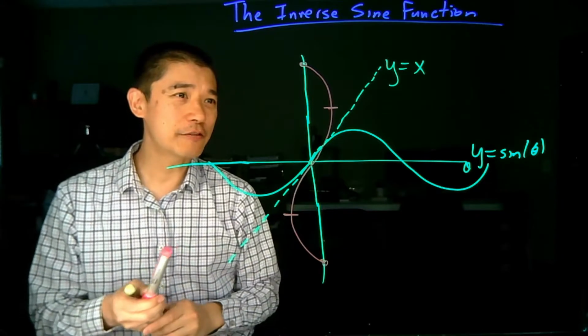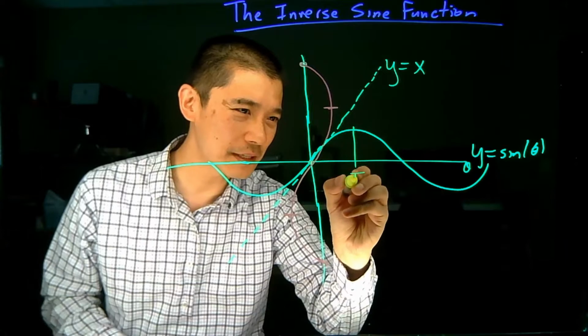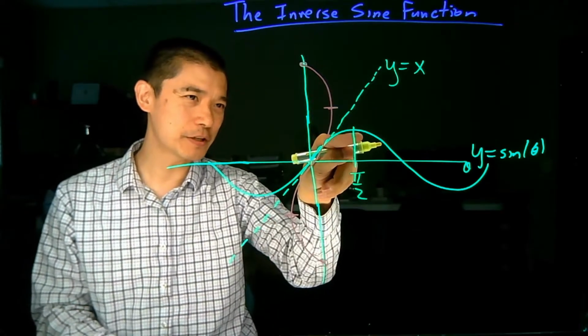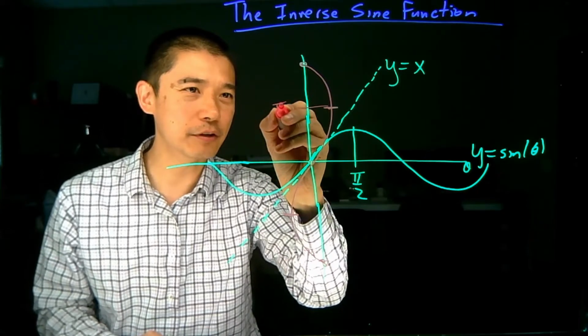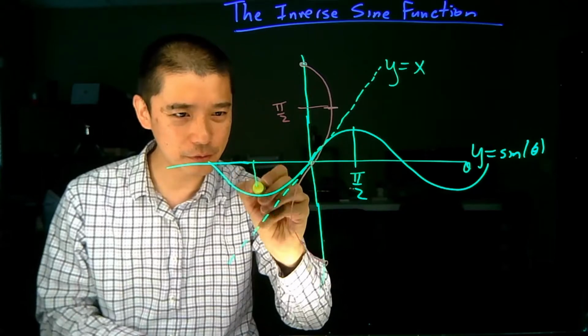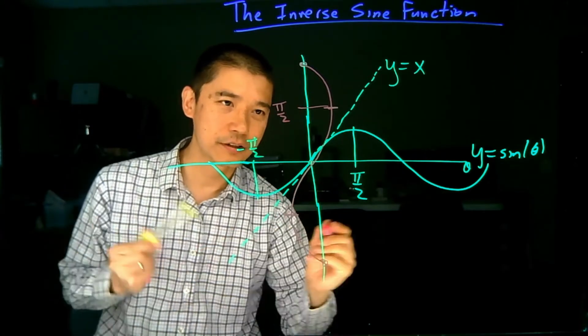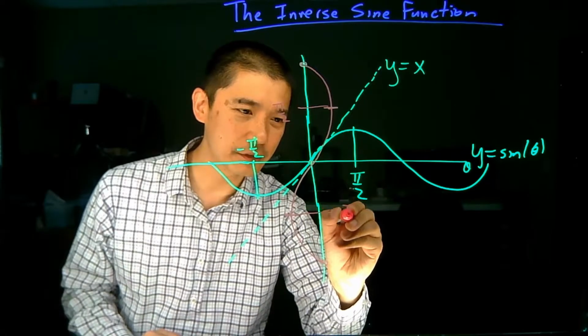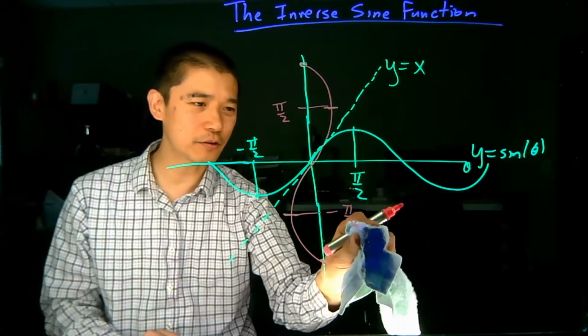Now, we could do a lot of work by doing more point-by-point work, but basically, you should be able to see that that peak here corresponds to π/2, which means that this would correspond to π/2 up here. And then down here, we'd have -π/2 corresponding to this, and that gets reflected over here to -π/2. And we can see that this has the exact same features as we talked about earlier when we were drawing the picture.